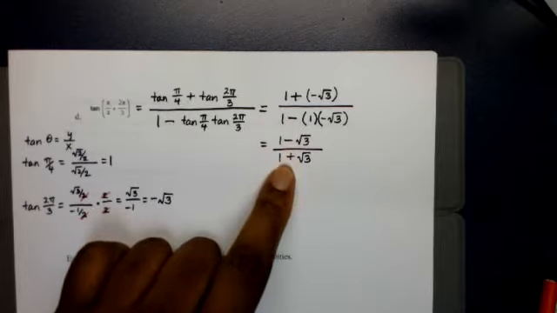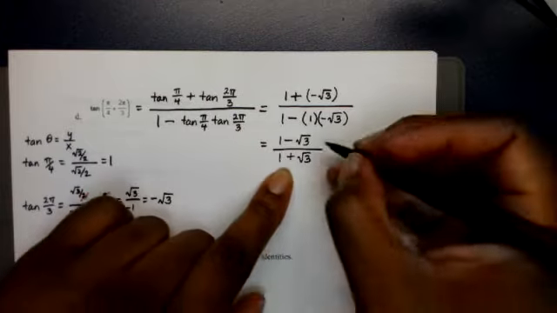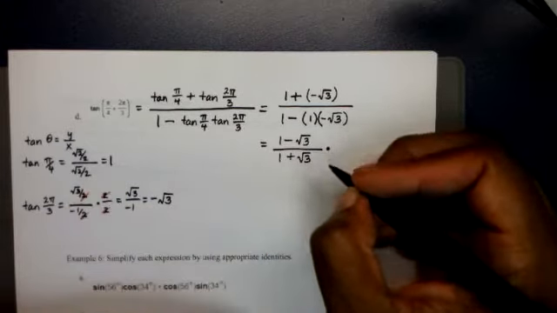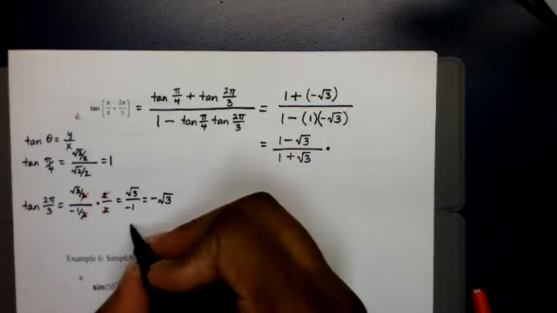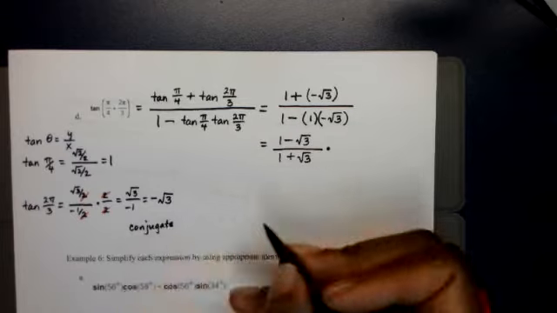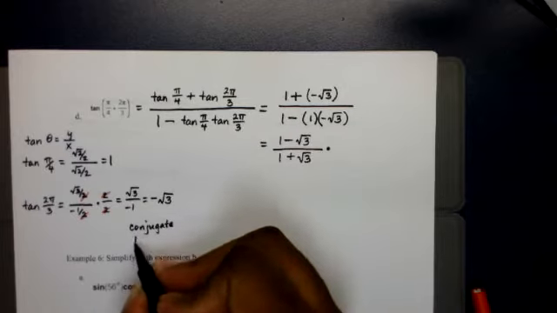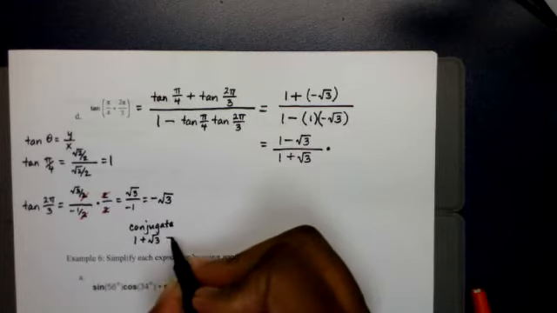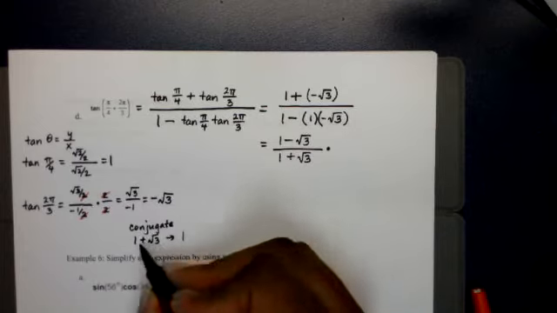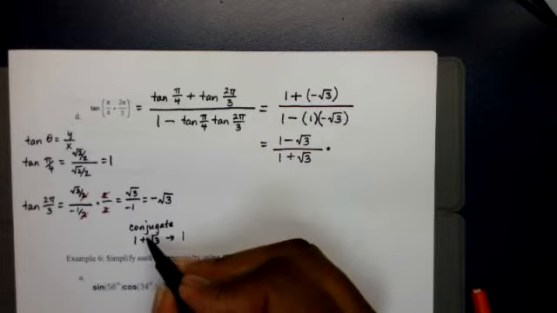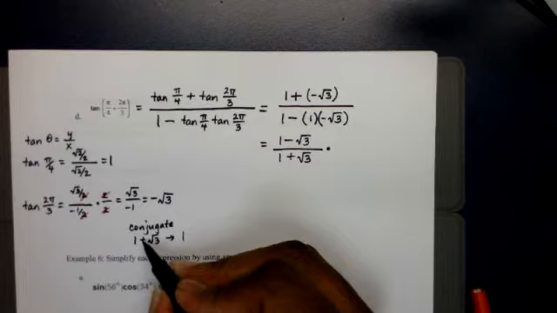Okay. When we rationalize that denominator, what we do here is multiply the numerator and the denominator by what they call the conjugate. So in the denominator, the conjugate of 1 plus the square root of 3 is this. We keep the same terms, but we change this symbol to the opposite.